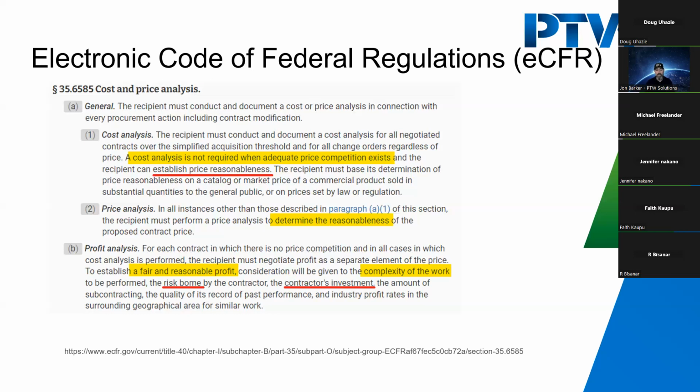When you have to validate and justify the proposed profit, they want you to use some of the words back at them, like talk about your investment and the risk and the complexity of the work. Those things are very important for contractors to understand when building a proposal that requires a narrative and how they get from the direct labor all the way over to a fully burdened rate.